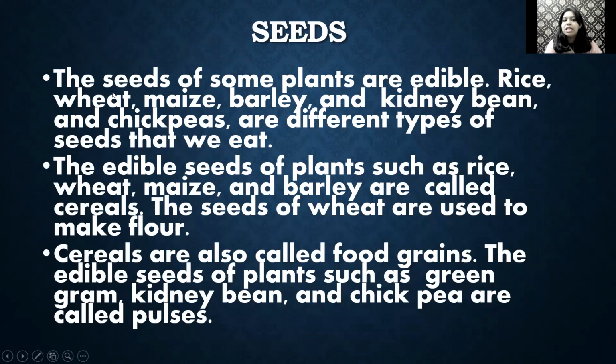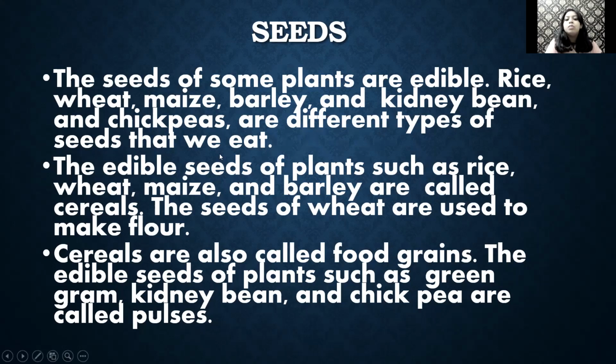So rice, wheat, maize, barley, kidney bean and chickpeas are different types of seeds that we eat. These are the few seeds that we can eat.